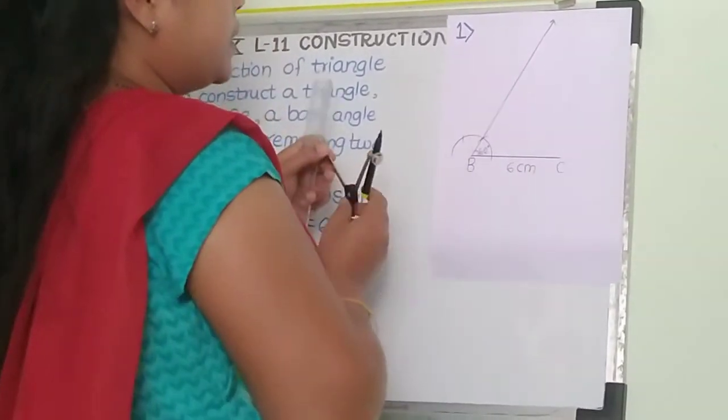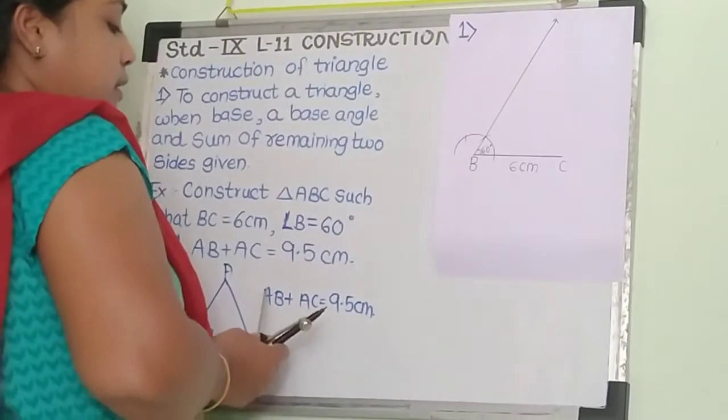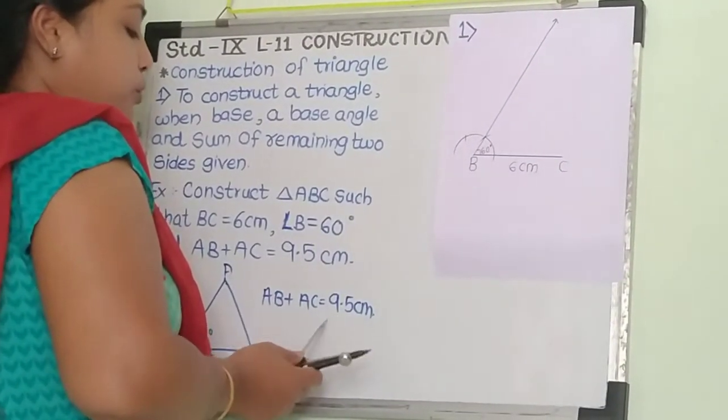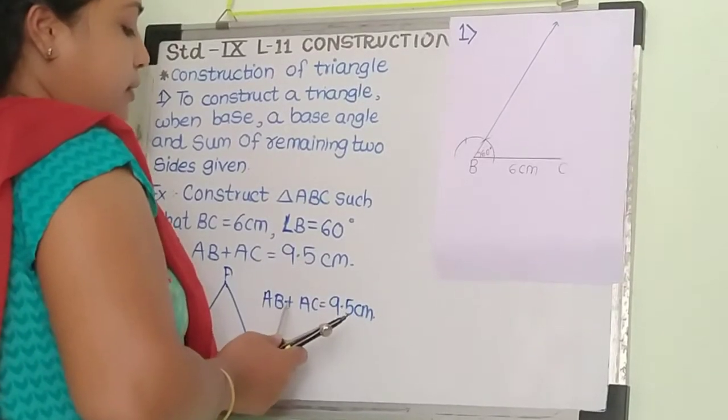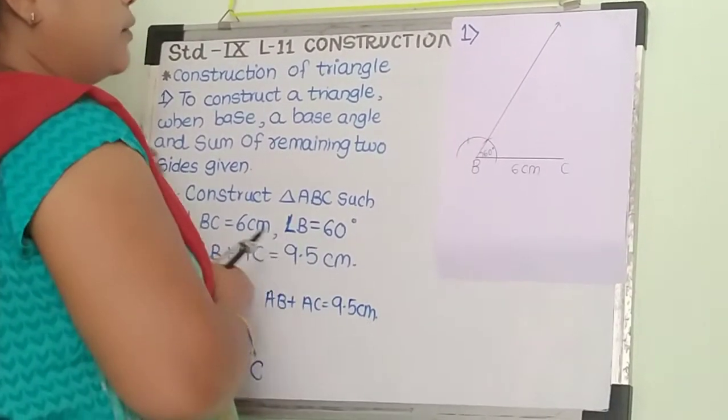Now in our compass we have to take the distance equal to the given sum of the two sides. Here it is given AB plus AC equals 9.5.